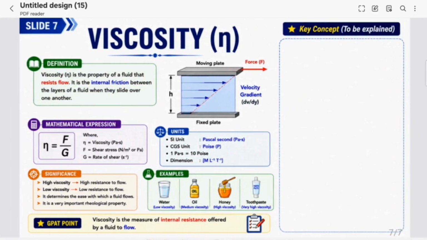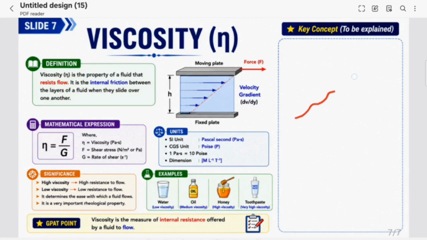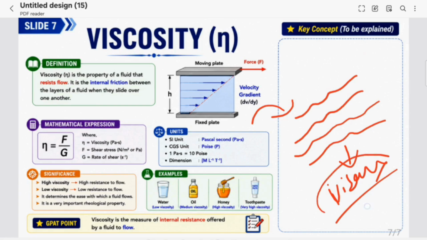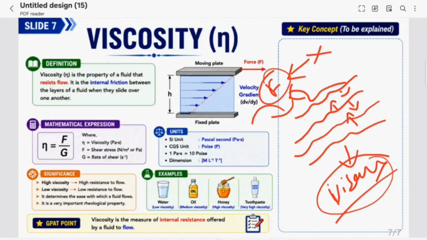Suppose the liquid or fluid layers are more viscous in nature. What happens? Even when the force is applied, the viscosity, which is due to internal friction, will create an opposite force against that force and will oppose the flow or movement.